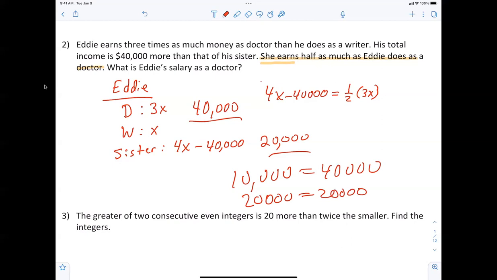I want you to say, look, in order to set them equal to each other, I take half of his. Aren't we comparing the sister? She earns what? She earns 4x minus 40,000. Correct? That is equal to half of what he makes.